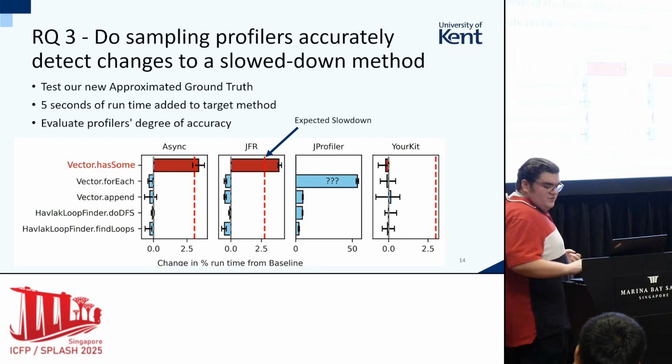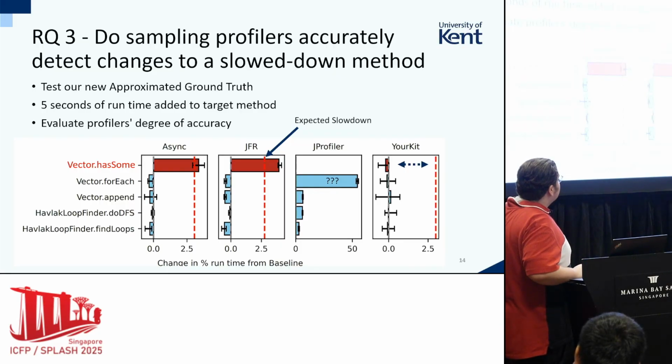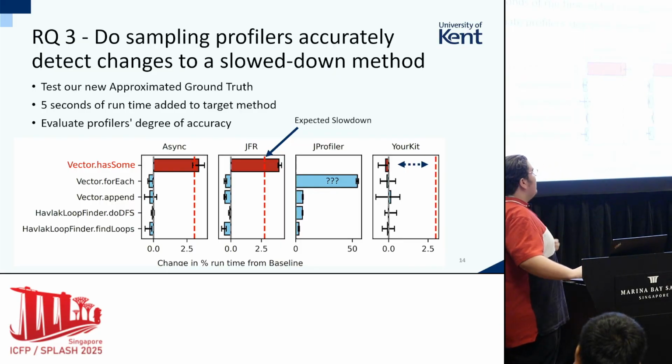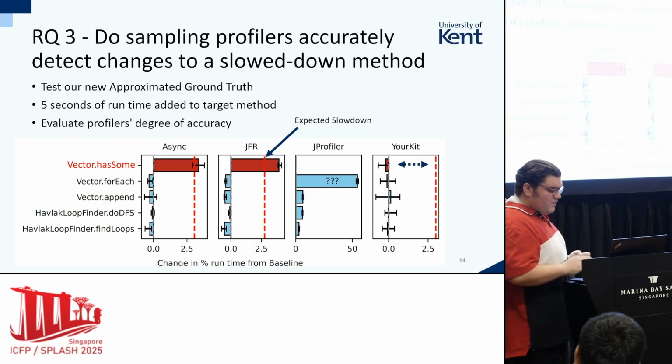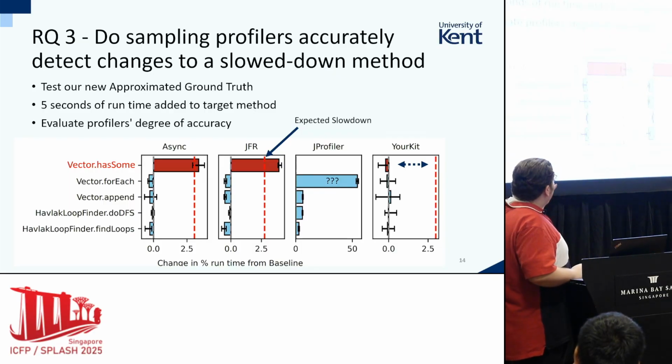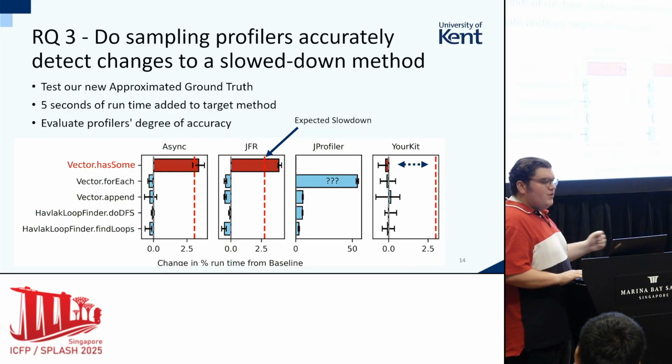And YourKit, most surprisingly, has actually detected a tiny change. It's now saying we spend a little bit less of the runtime in that method than we did before. So this is our practical way of evaluating profilers to a degree of accuracy.